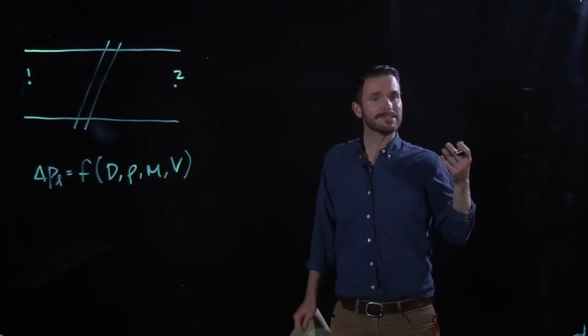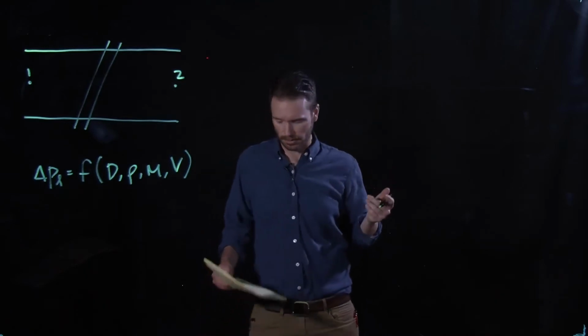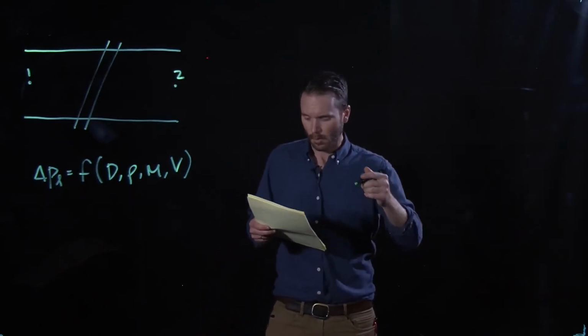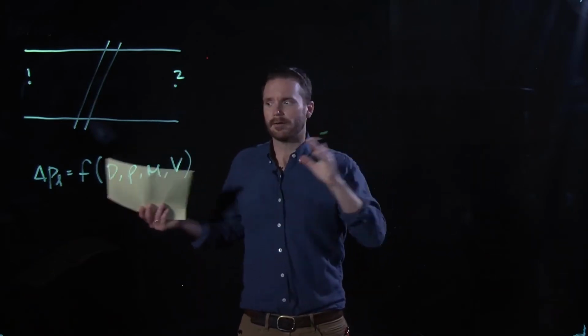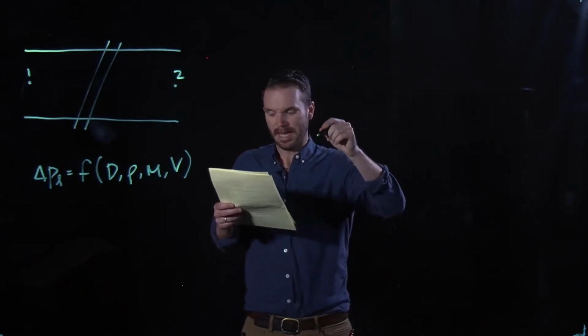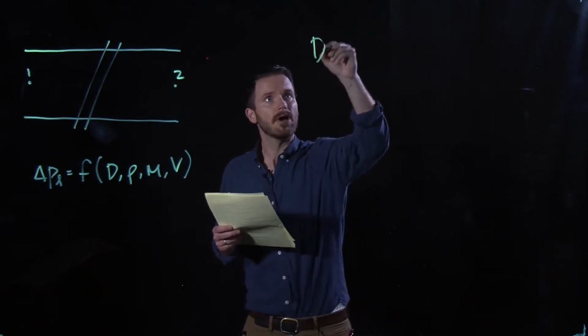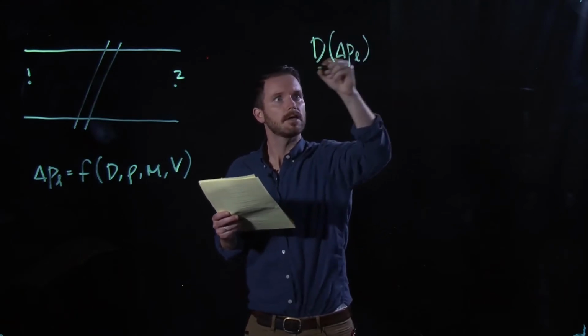Now, what we can do instead, and the core focus of this chapter, is use something called dimensional analysis, right? What if instead of 5 variables, I can simplify the system down into something that has 2 variables? So I'll hand you the 2 variables here, and we'll talk about it in depth.